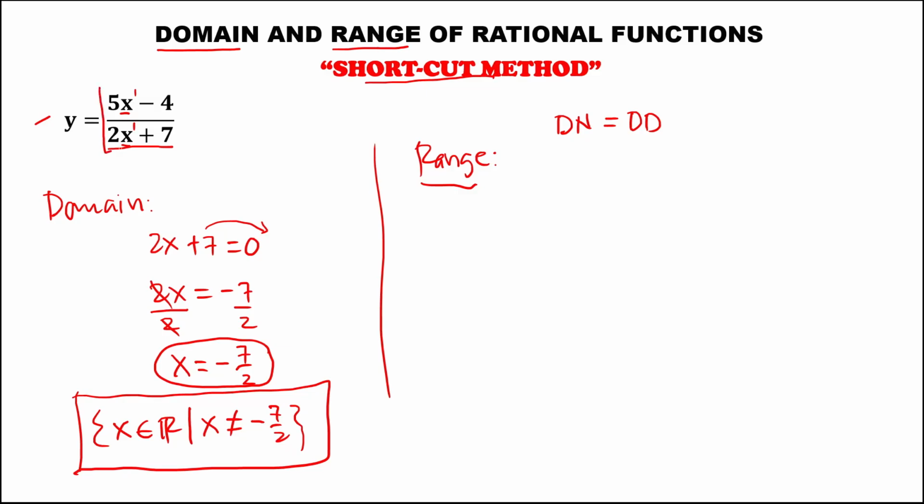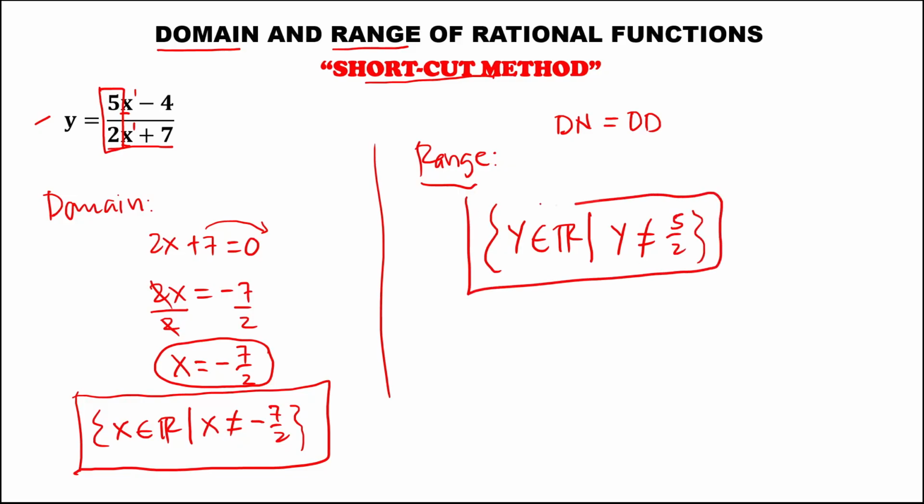Therefore the range is the ratio of these numerical coefficients. So we have y, element of the real numbers such that y is not equal to positive 5/2, or all real numbers except y = 5/2.